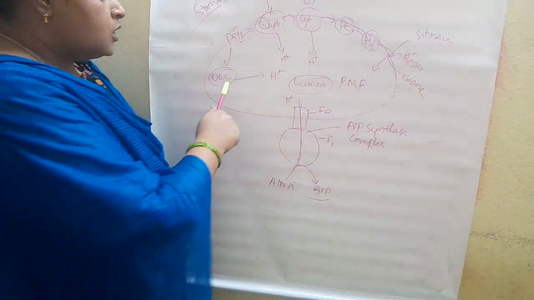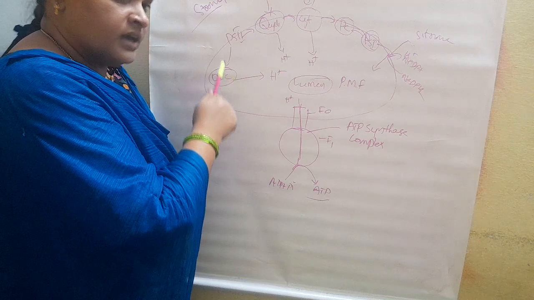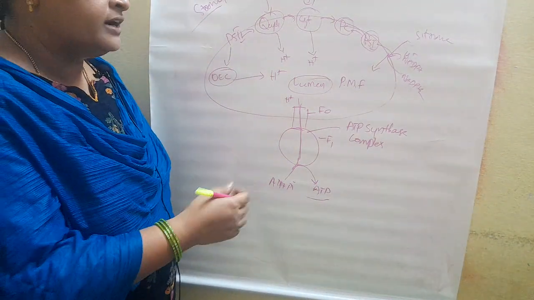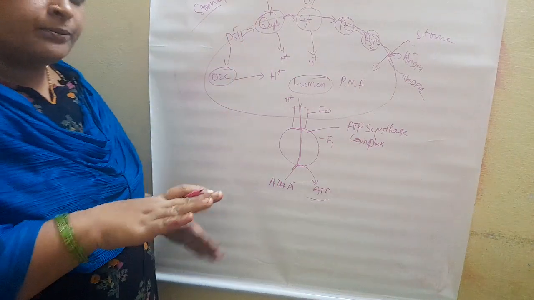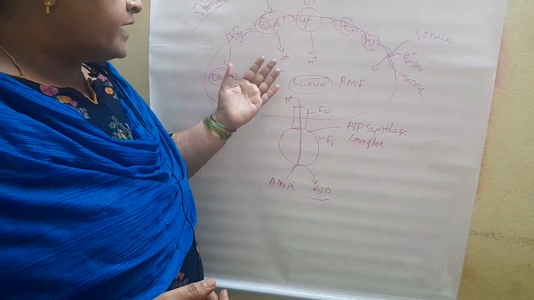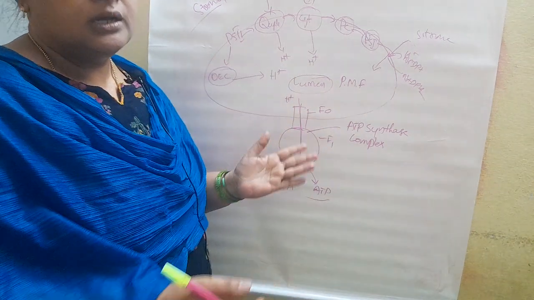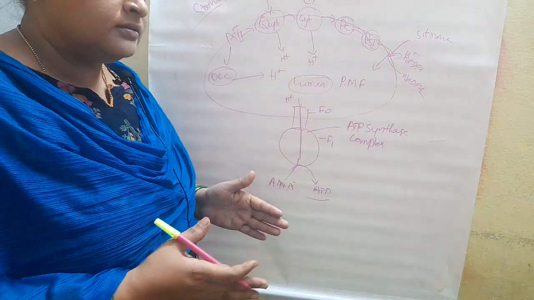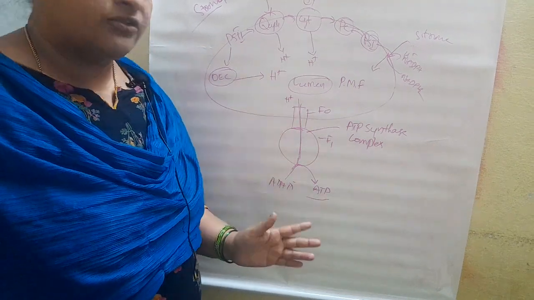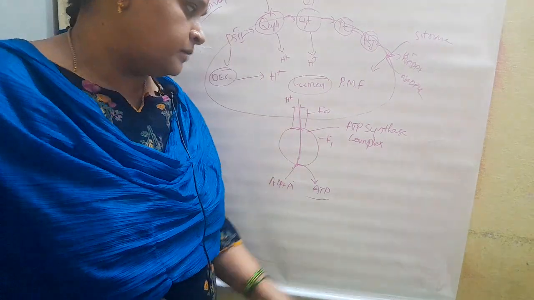Understood? Because the H plus ion concentration is increased on the lumen side compared to the stroma side, there will be an osmotic imbalance. To balance this, the hydrogen ions have to be moved out. At the time of movement, they pass through a specialized channel called the F0 F1 complex or ATP synthase complex.